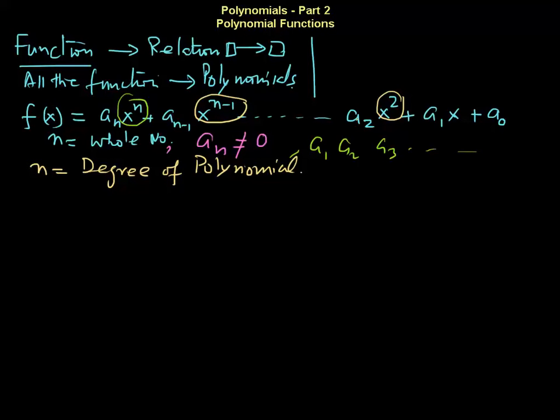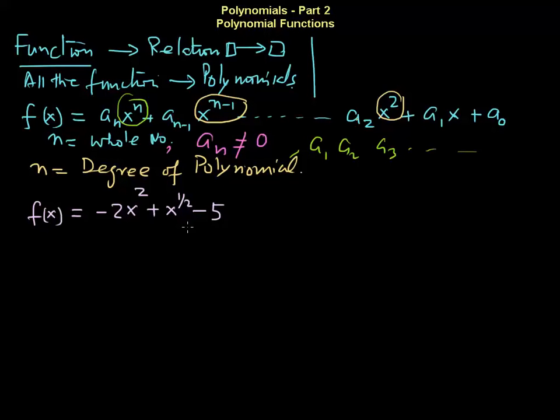So let's take an example. Let's write down a function f(x) which is minus 2x squared plus x to the power 1 by 2 minus 5.